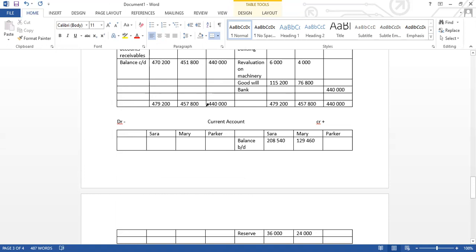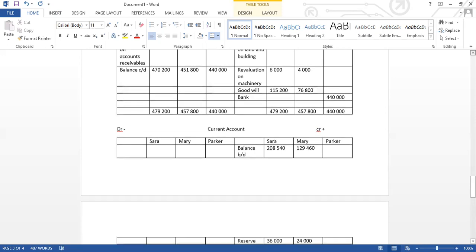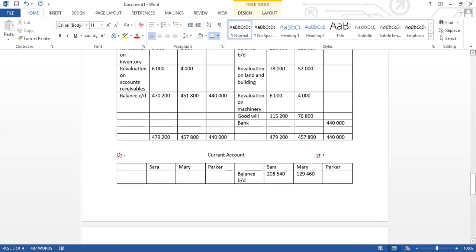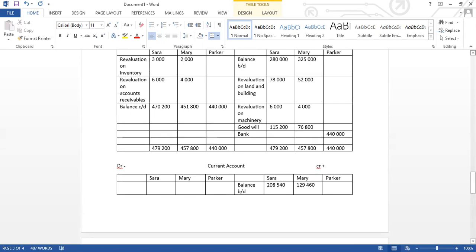These ones, guys, are just balancing figures. That's why they are recorded on both sides. They help us to find our balance carried down. So currently, our balance is 470,200, and this is what we have to use, your balance carried down. Are we together? Yes, okay.